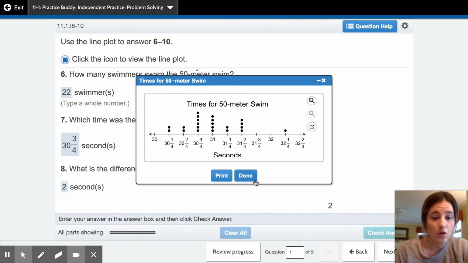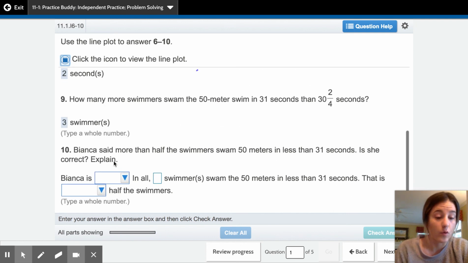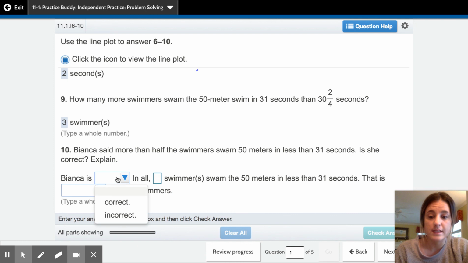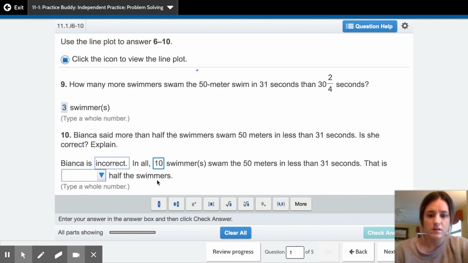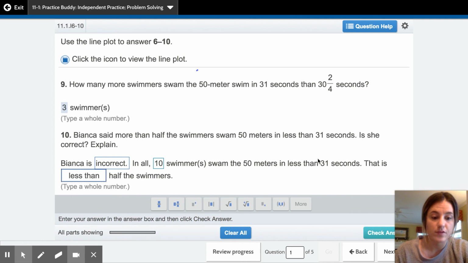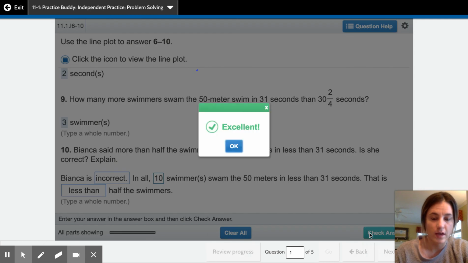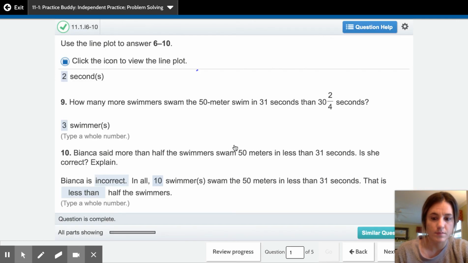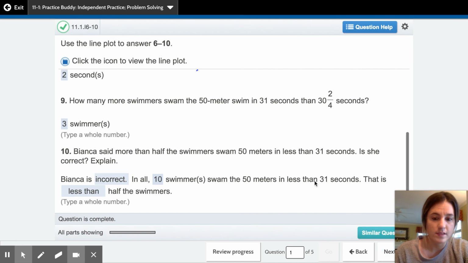So it's not quite half or more than half. So Bianca is incorrect. In all, 10 swimmers swam the 50 meters in less than 31 seconds. That is less than half the swimmers. Check answer. Awesome. And then once it doesn't prompt you to keep going, you click next.